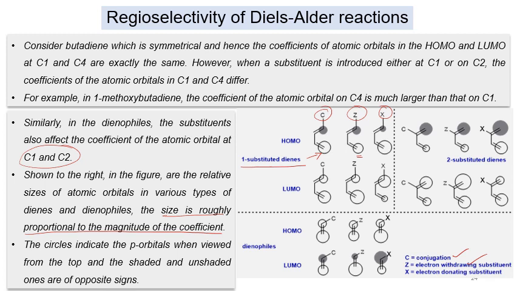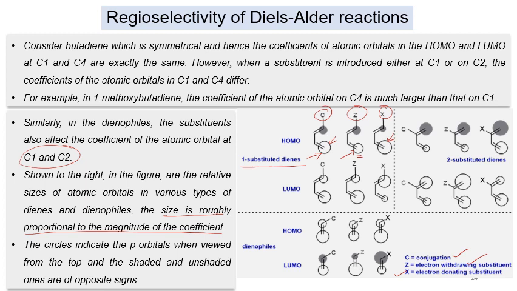Whereas when X, that is an electron donating substituent, is present, the coefficient here is the highest, followed by a conjugating group, where the coefficient is slightly smaller but much bigger than Z. And like we mentioned earlier, when Z, an electron withdrawing substituent, is on the diene, the coefficient at the C4 or C1 position will be much smaller than the other two cases.